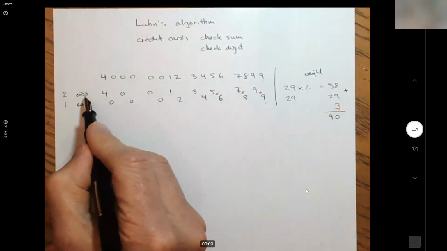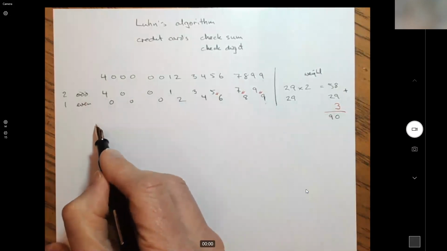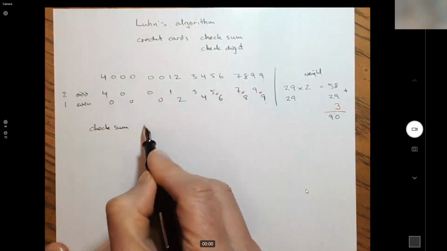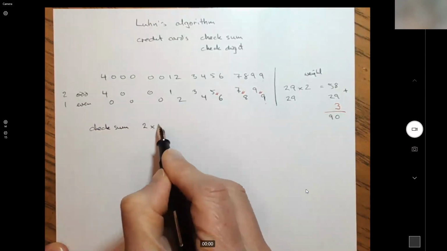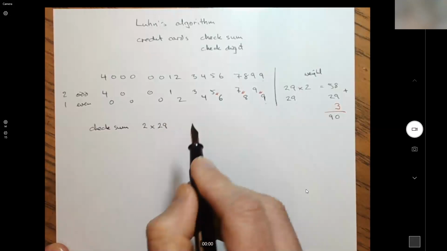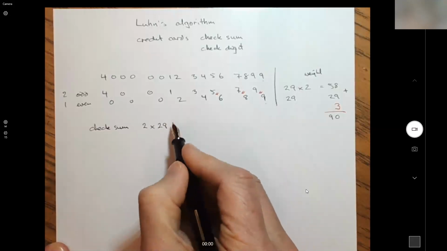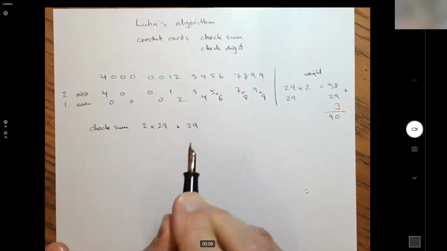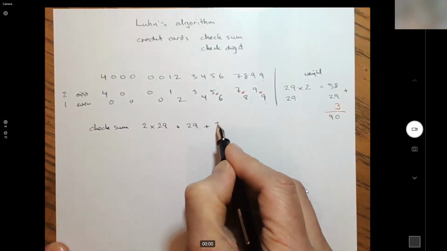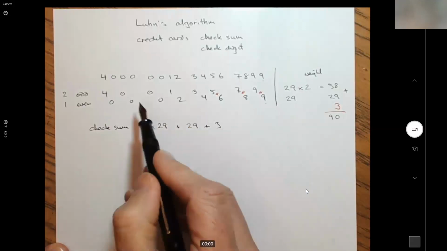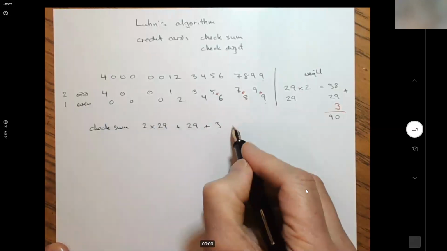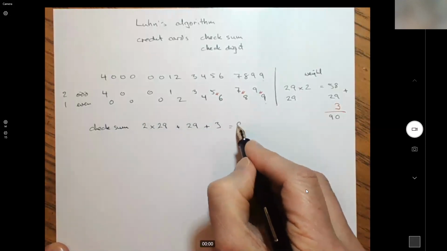So the checksum is twice the sum of the odd positions numbers plus the sum of the even positioned numbers plus the number of digits greater than 4 in the odd position, and that's equal to, in this case, 90.